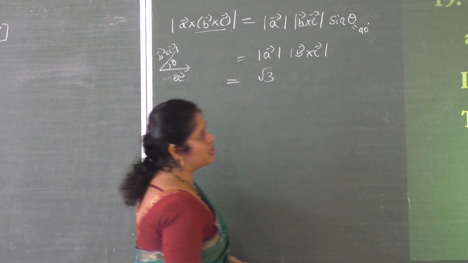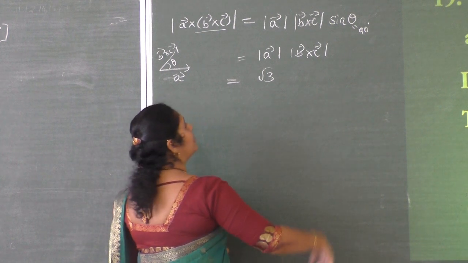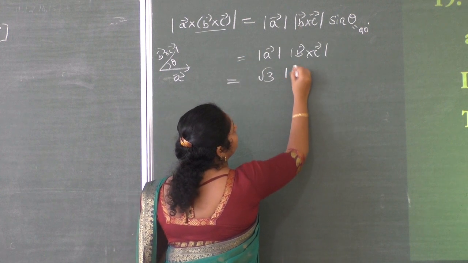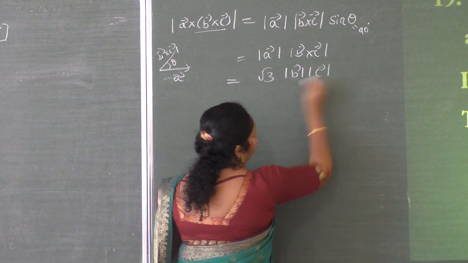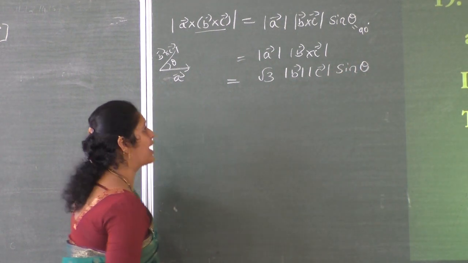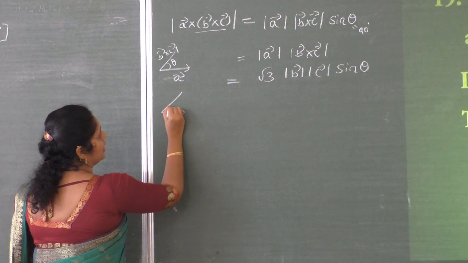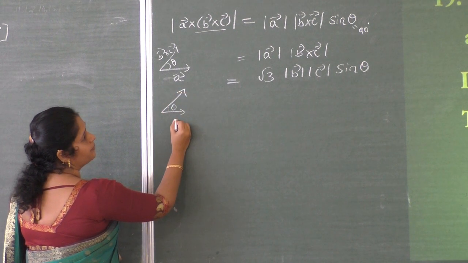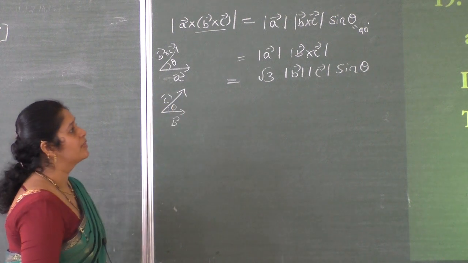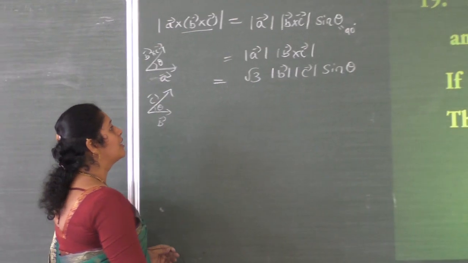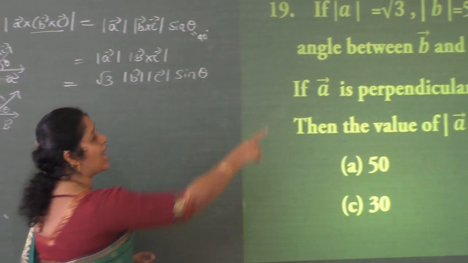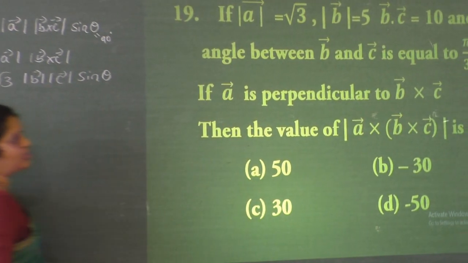Then the magnitude of vector B cross vector C is not given, but you can use the same definition once again. Magnitude of vector B, magnitude of vector C into sin theta, where theta is the angle between vector B and vector C. In this expression, what is theta? Theta is given as the angle between vector B and vector C equal to pi by 3.